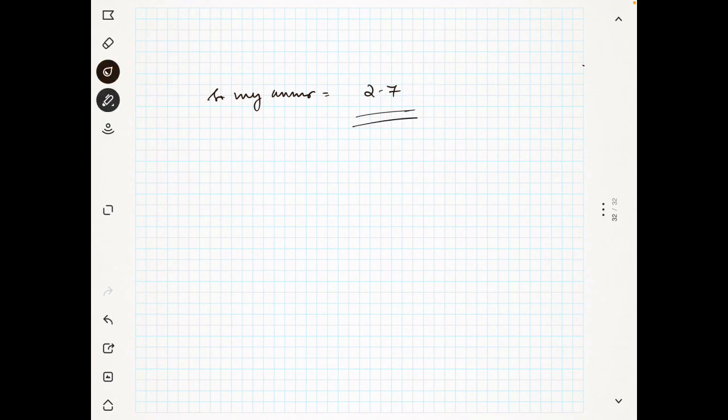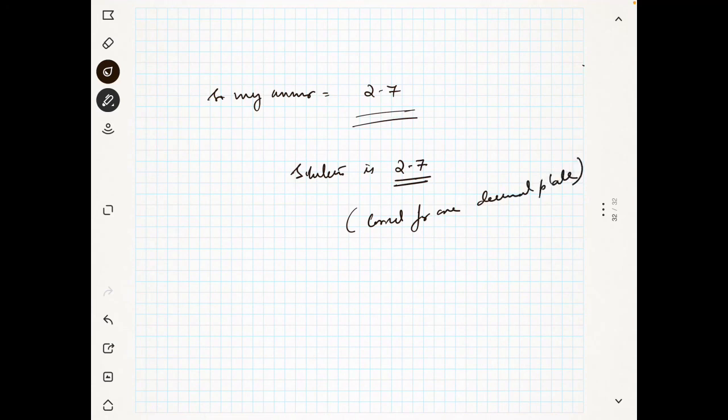If it is for 3 decimal places, you have to continue with more iterations. So I hope the procedure is clear to you. Okay, so the solution is 2.7, which is correct for 1 decimal place. Okay, thank you.